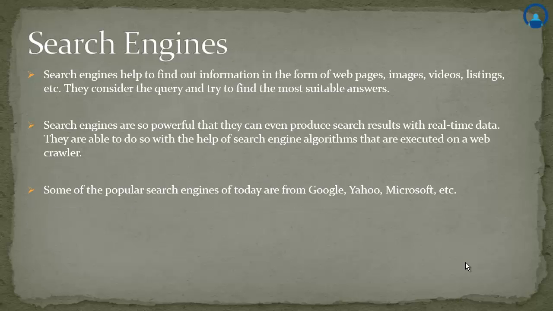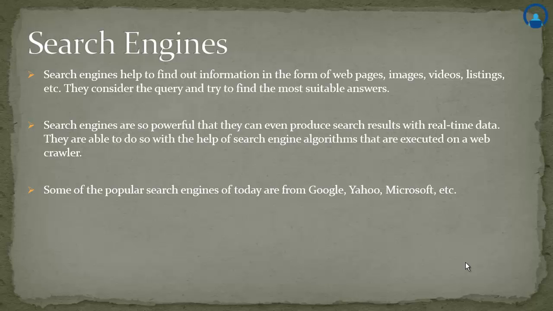More about search engines. The search engines help you to find the information in the form of web pages or images or videos or listings. They even consider the search query that you have inserted in the search bar, and then they try their best to find the most relevant or the most suitable answers.